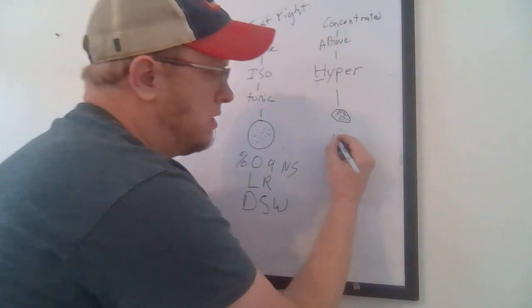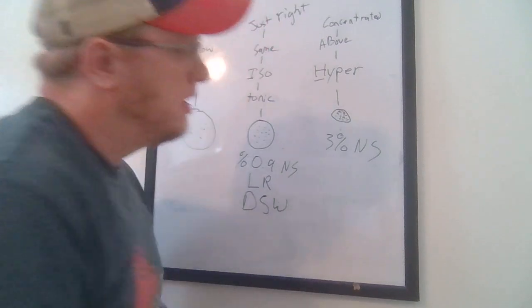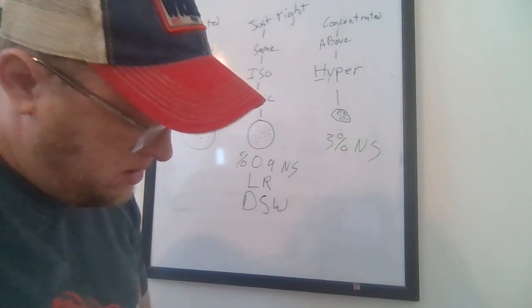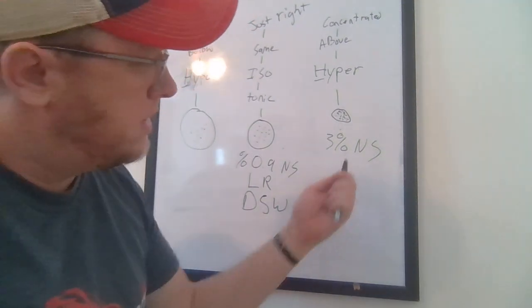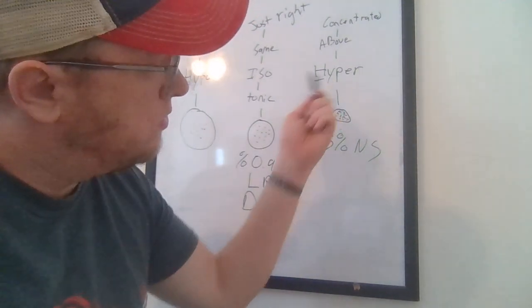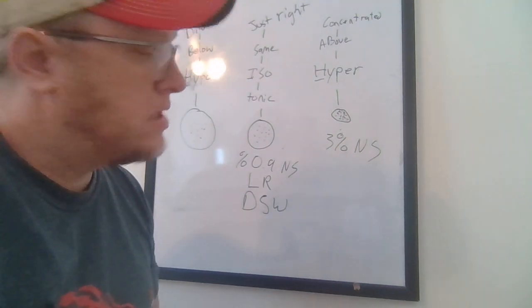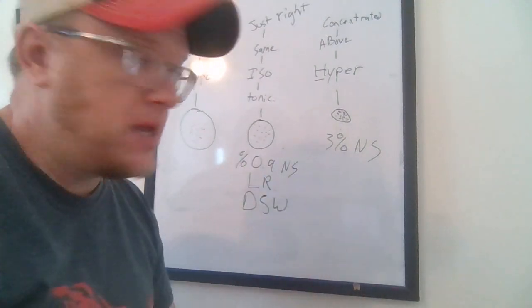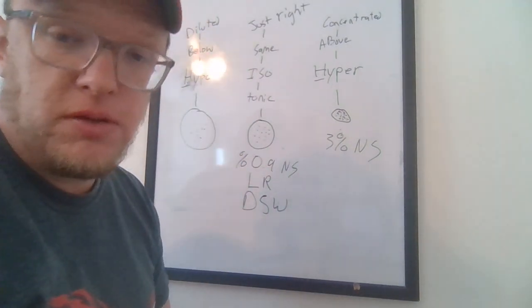But 3% normal saline is pretty much the only one you'll probably hear us talk about, and that's the hypertonic solution. That's always given in the ICU because there is a huge risk of causing swelling on the brain. It causes fluid shift. It is really dangerous and has to be monitored closely.